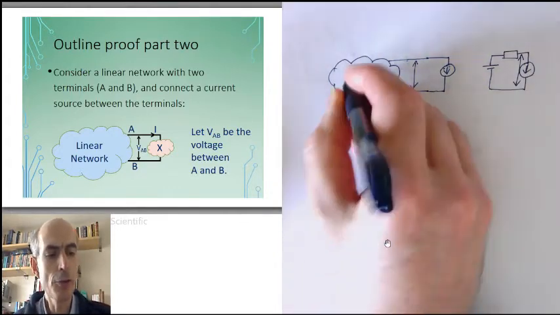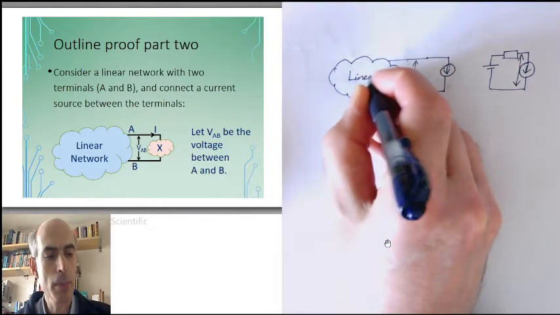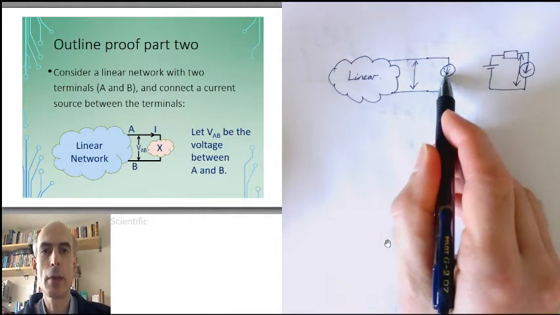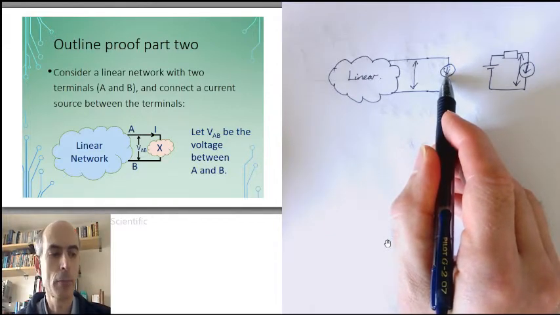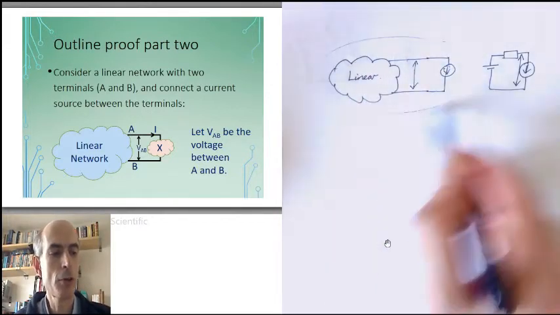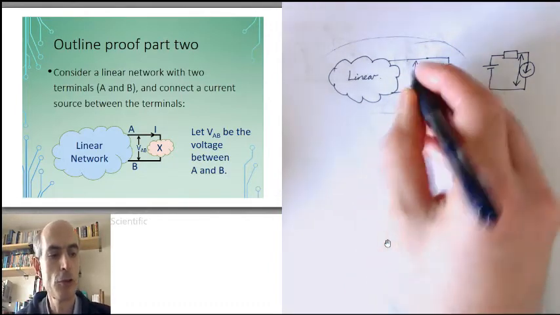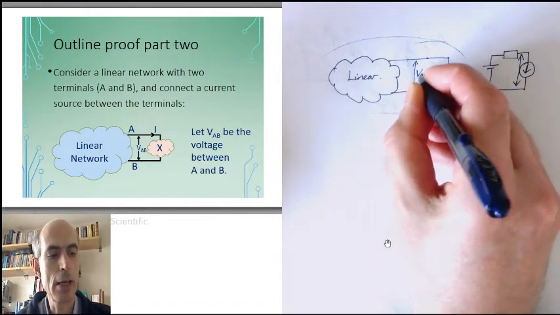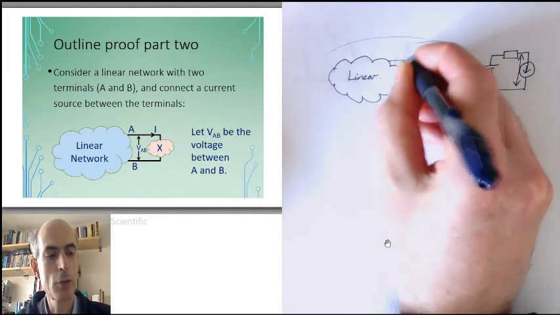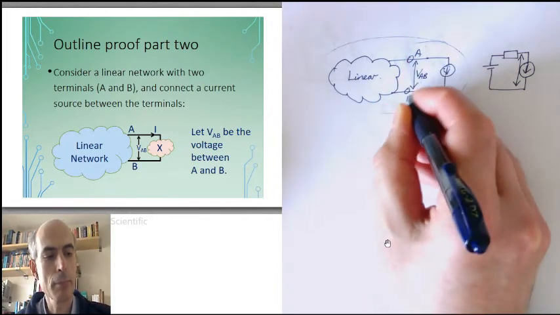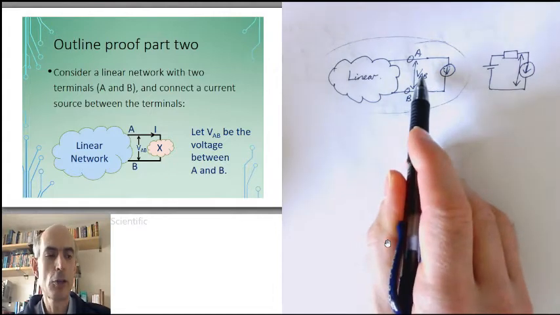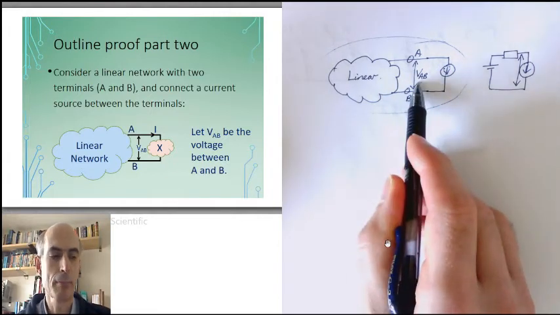Okay, this is a linear circuit, and we've added to it a constant current source, which is a linear component. So here we've got an entire linear circuit, and we can analyze the voltage. I'll call it VAB, the voltage between terminals A and B. We can analyze that voltage using superposition.